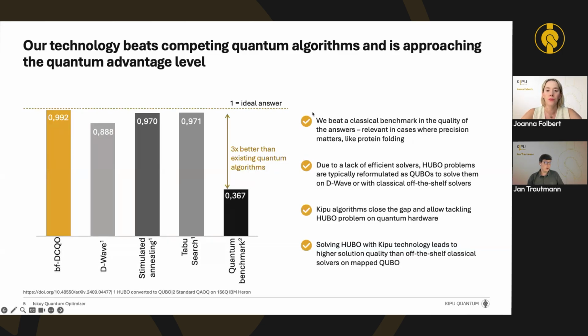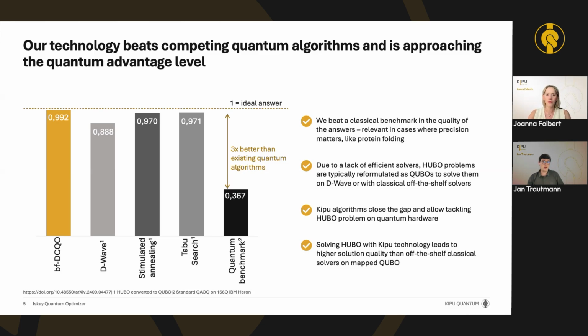What we did is we fixed the time to execute our algorithms and also the classical ones, and then compared the accuracy of the answers. As you can see here, by running our bias field DCQO algorithm, we reached accuracy pretty close to the ideal answer, and it was even able to slightly outperform simulated annealing and tabu search.